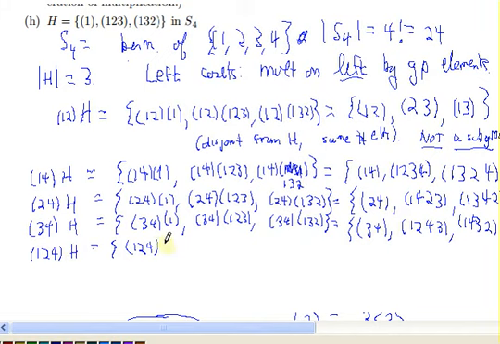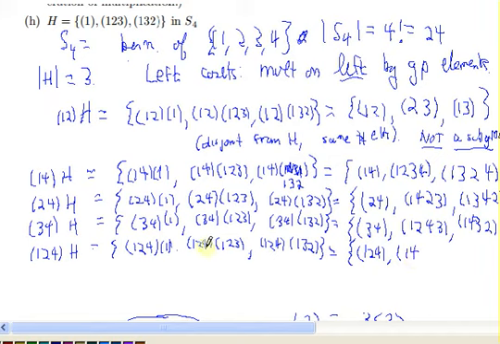So that's going to be (1 2 4) times (1). Then (1 2 4) times (1 2 3). And then I'll have (1 2 4) times (1 3 2). Okay, so here I have (1 2 4). This one I have 1 goes to 2, 2 goes to 4, so I have 1 goes to 4.